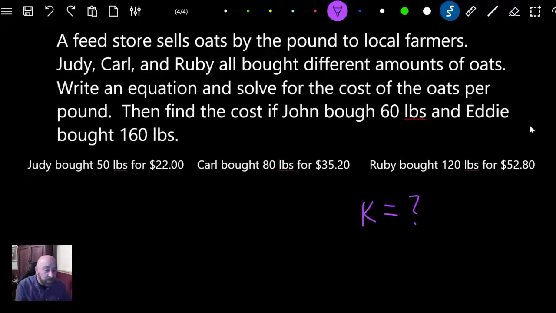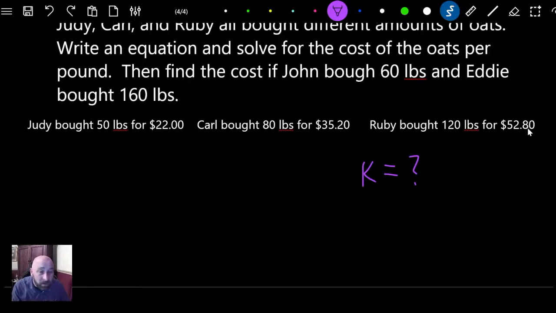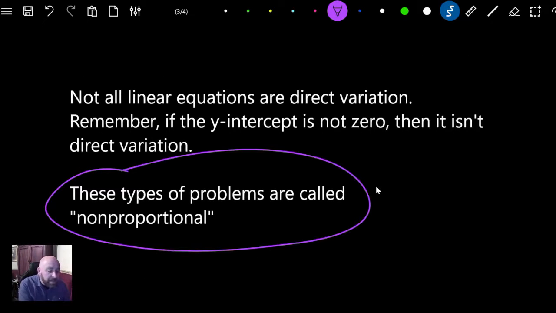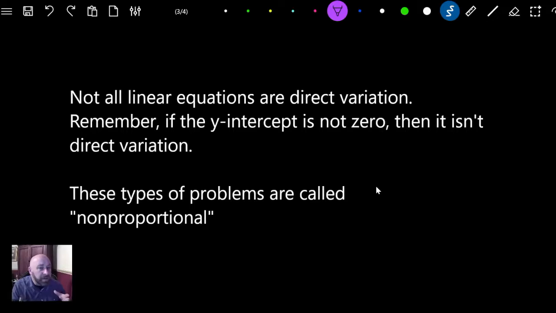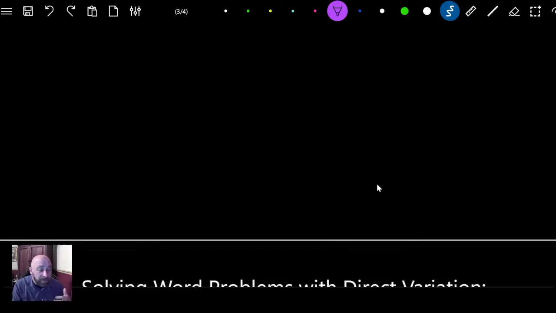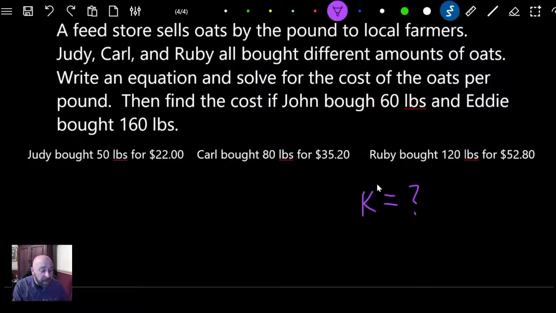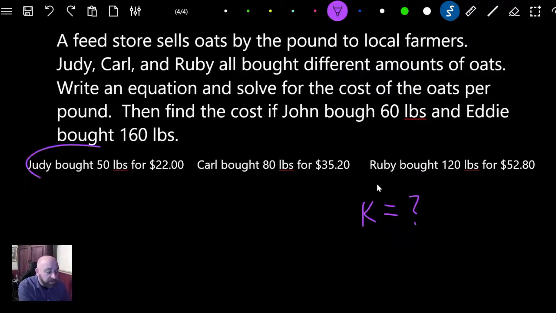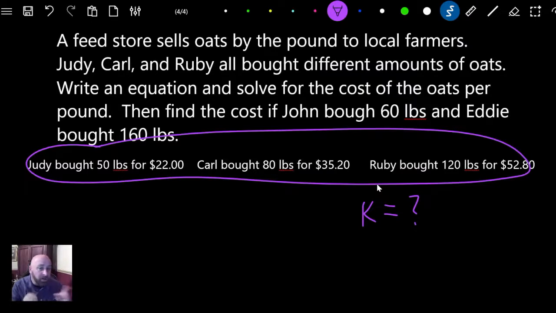Here's what Judy bought, here's what Carl bought, and here's what Ruby bought. Here's the way you find the constant: you take any one of those, and it doesn't matter which one. We probably want to do it to multiple ones, because remember, these can be non-proportional. That means none of these would have the same constant; they would all come out to different constants.